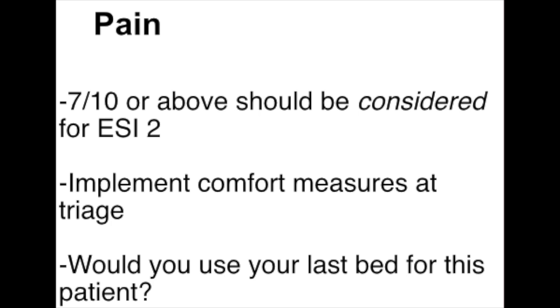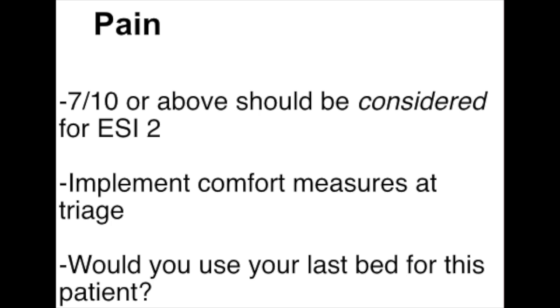You want to ask yourself, would you use your last bed for this patient? Is the pain severe enough that you would give this patient the last bed? Otherwise, is there something that you could do at triage to help them with their pain? Perhaps you can offer them an ice pack. Perhaps you can position their extremity to a point where they feel a little bit more comfortable.